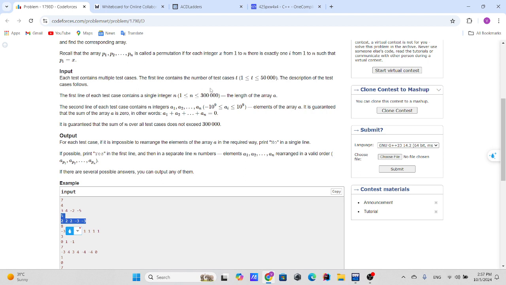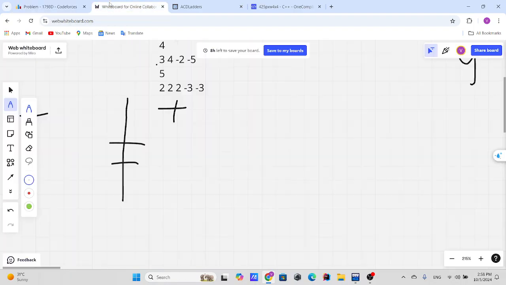No idea. How about this one? The difference between the biggest and the lowest is 5. It must be smaller than 5. So how do we do it? Maybe let's try this one.